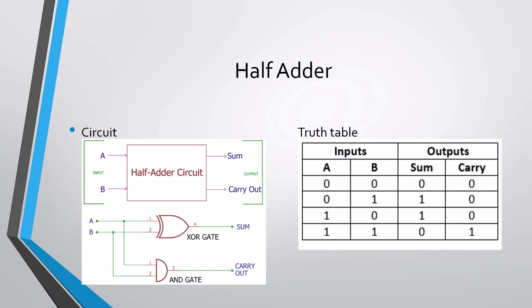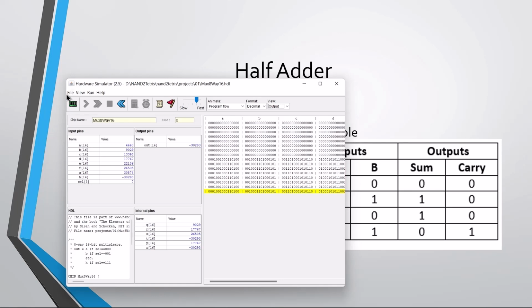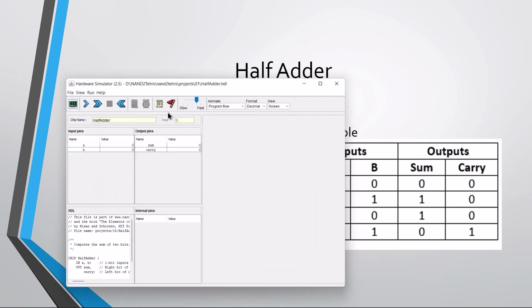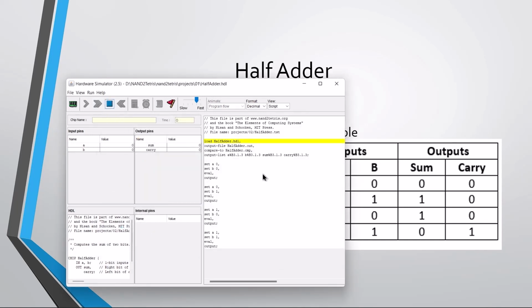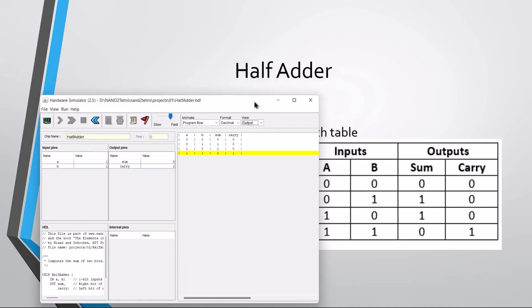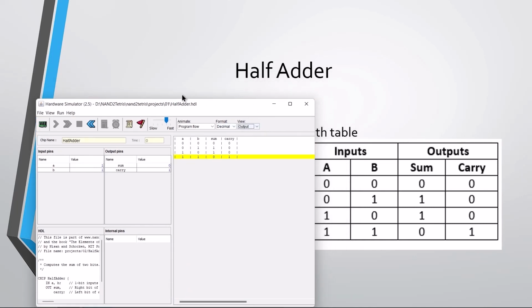Thus, it is called half adder. This is the circuit and truth table and the implementation. We can see there these match.